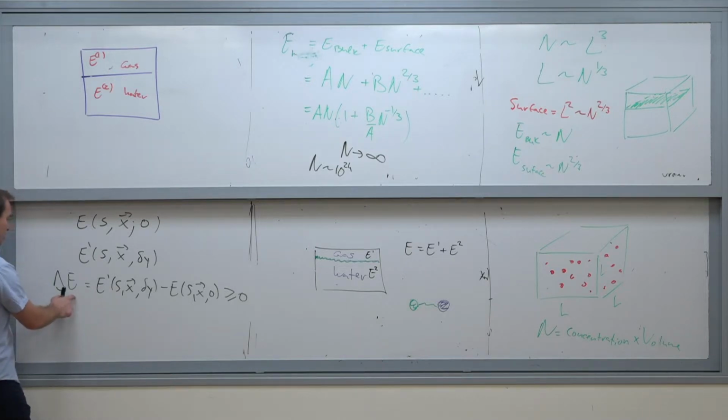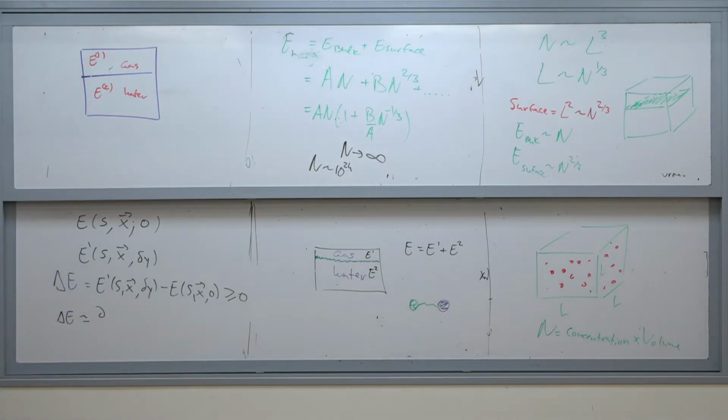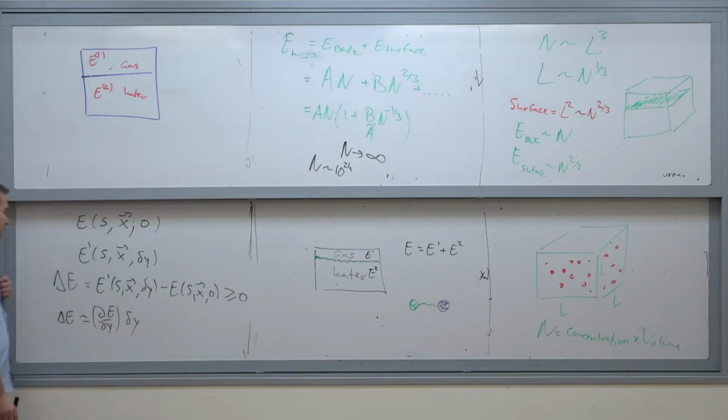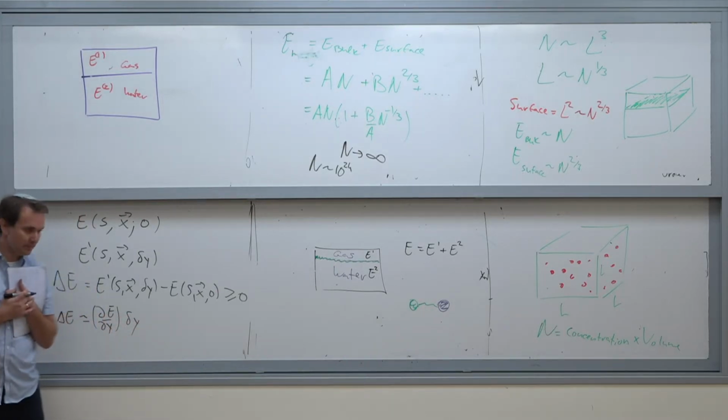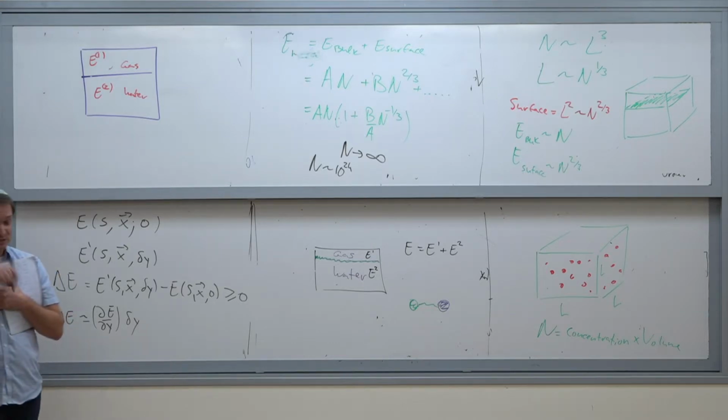But what is this delta E? Basically, we can Taylor expand it, right? So delta E equals dE/dy times delta y. Don't we say that the energy decreases? The energy increases. Energy is at minimum.